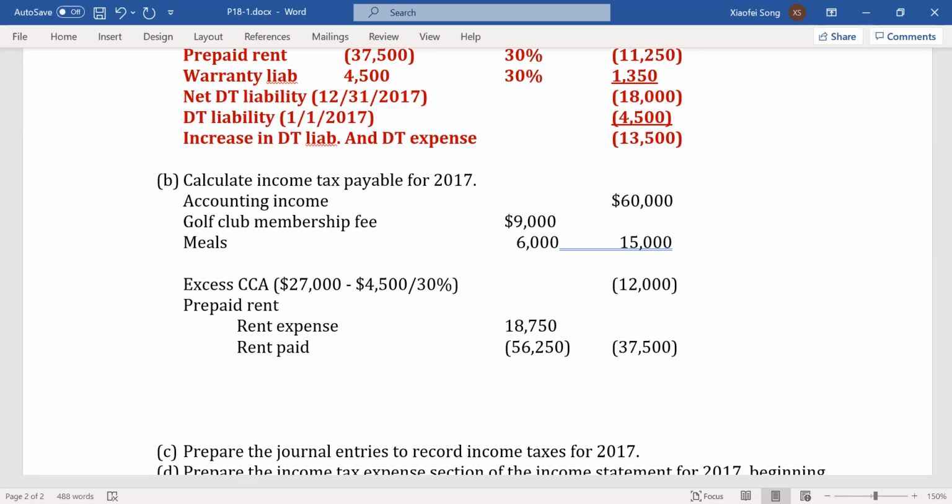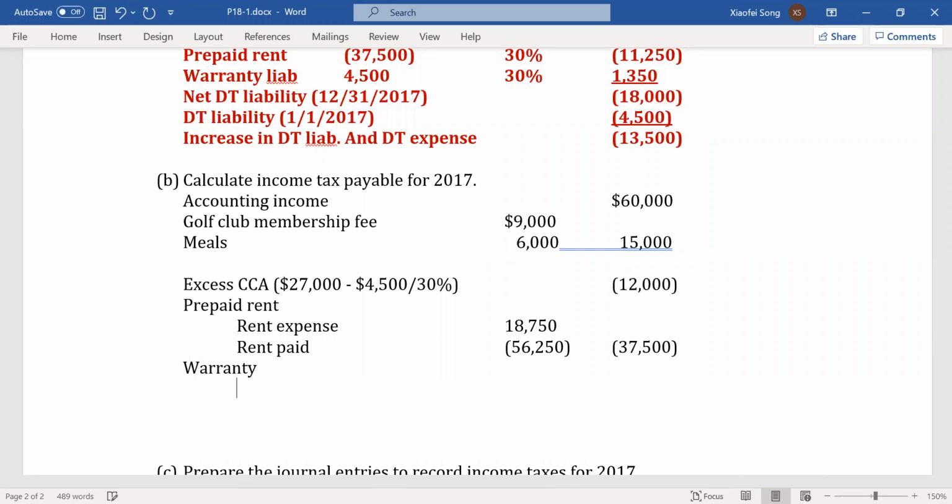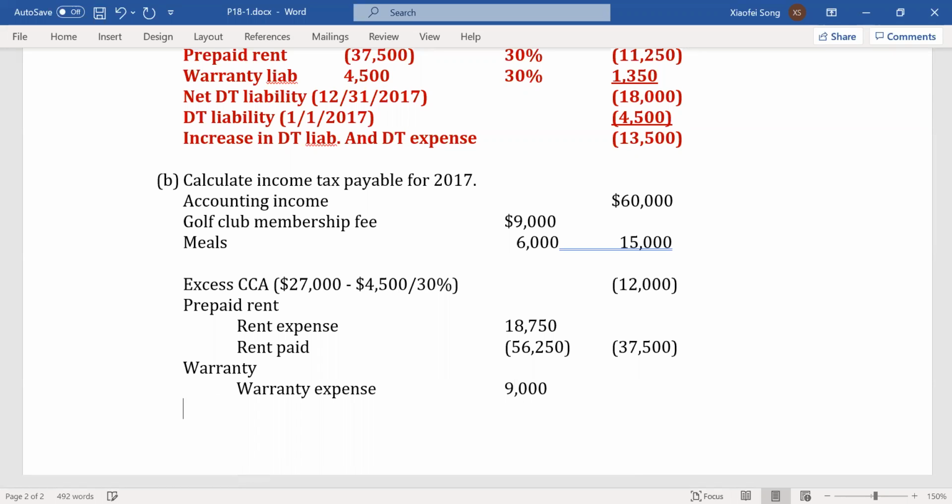Okay. The last is warranty. Warranty expense is deducted for accounting purposes, but for tax purposes the deduction should be the cash paid, right? So we subtracted the warranty expense of 9,000, and now we add it back, 9,000. Then we subtract the cash paid for warranty, which is the amount that should be subtracted for tax purposes.